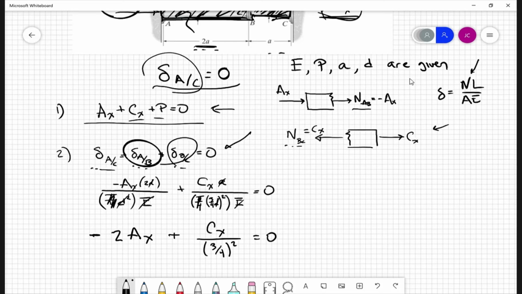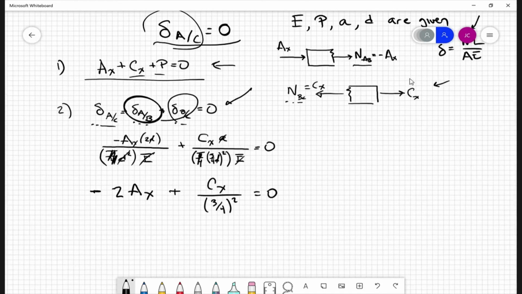Or in other words, CX equals 3/4 squared, right, times 2AX, which equals, that's 9 over 16, so that's 9 over 8 AX, if I did that correctly.